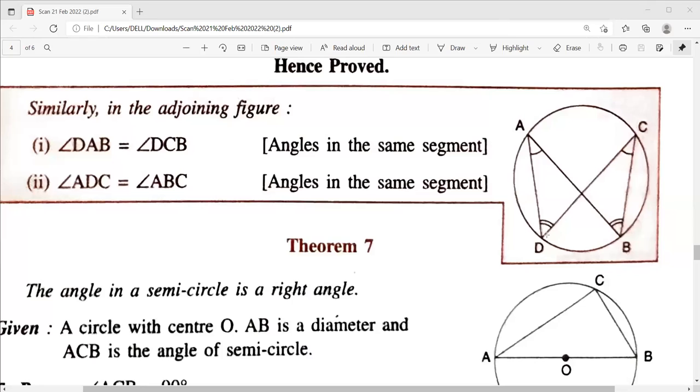See, what am I doing here? I'm joining D with B. So this chord DB in this circle is making once again 2 segments. This is the major segment.